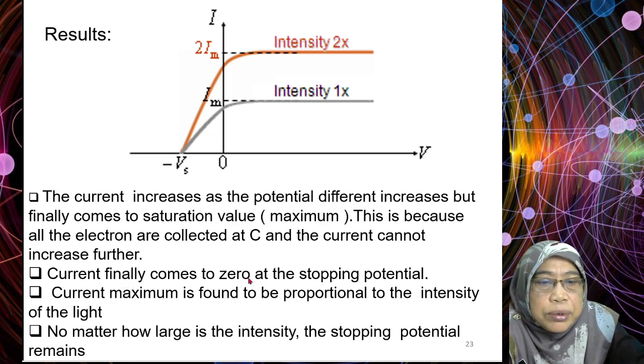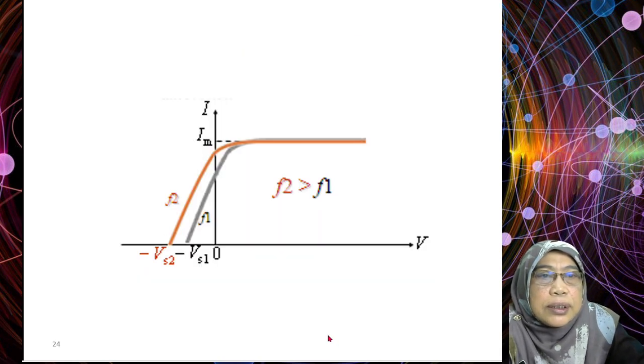Current finally comes to 0 at the stopping potential here. So at the stopping potential, current is 0, y-axis is 0. Maximum current is found to be proportional to the intensity of the light. Higher intensity, higher maximum current. No matter how large the intensity is, the stopping potential remains.